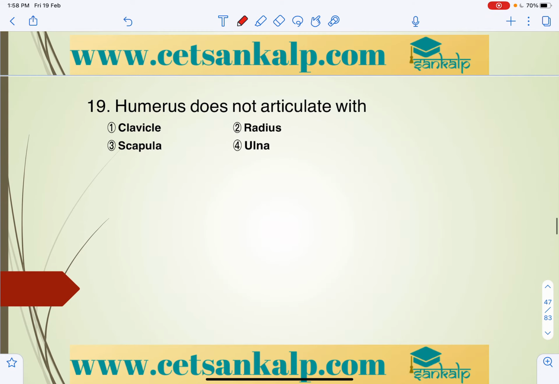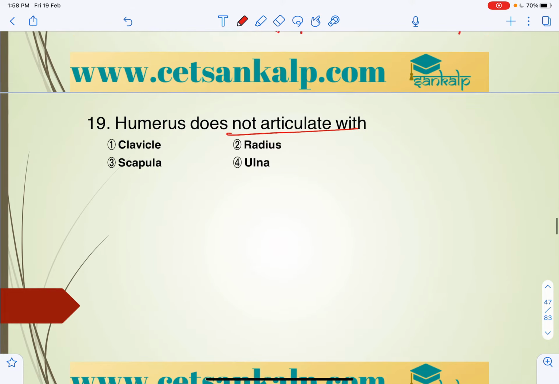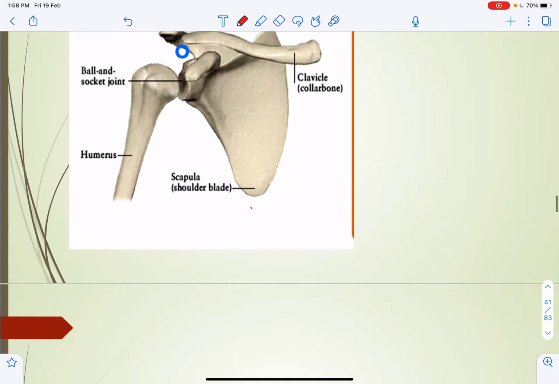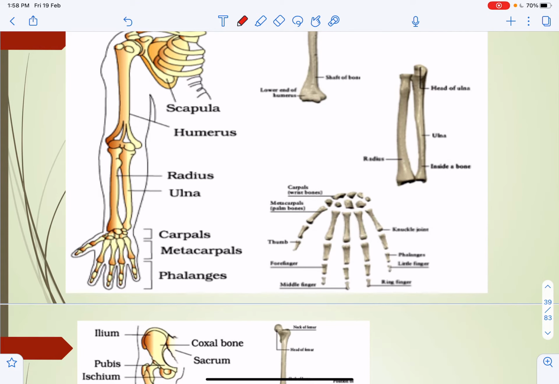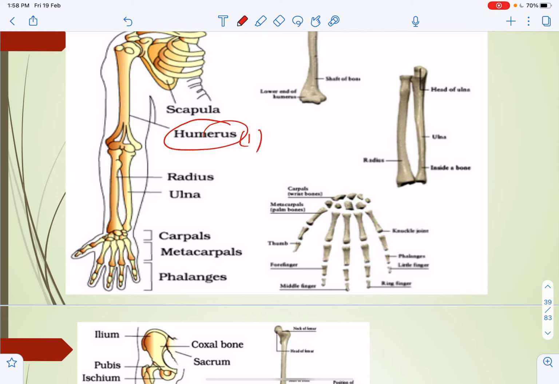Next, the humerus does not articulate with which? So we can take the concept, let us finish to understand that. Here, in the forearm with the humerus, one humerus in each arm, there are radius and ulna.